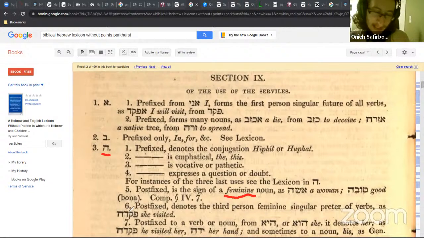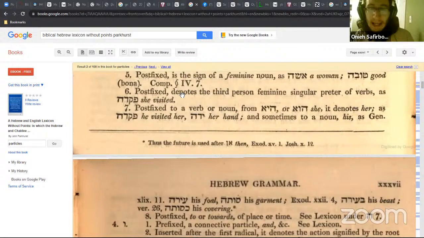And if you add hey at the end, it becomes "she visited." If you add hey to a verb or noun, it denotes "her." For example, who did he visit? He visited her.